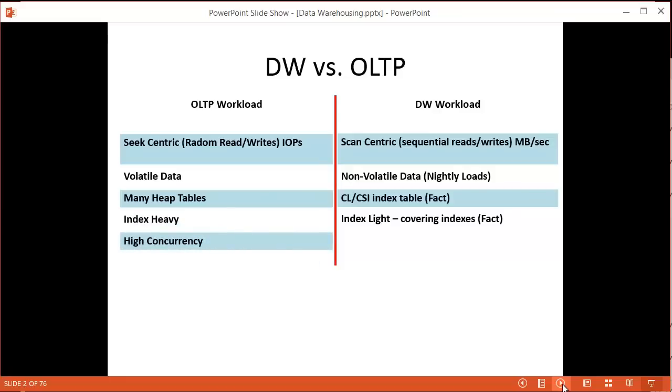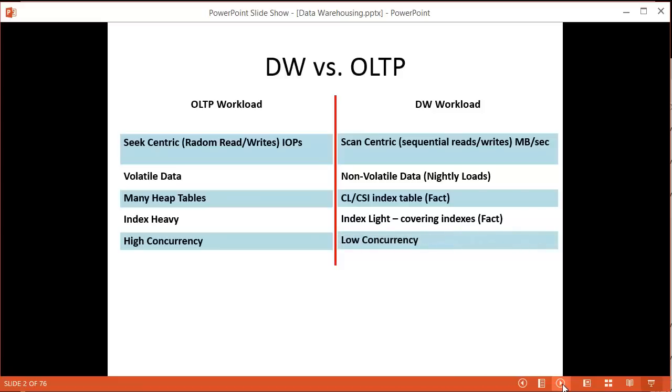OLTP workloads have a high concurrency, so a high number of users using the system at any point in time. Hundreds, or even thousands of users accessing the application and the underlying data at any given moment is pretty typical. And so the data needs to be modeled and the hardware needs to be architected in such a way to support that.